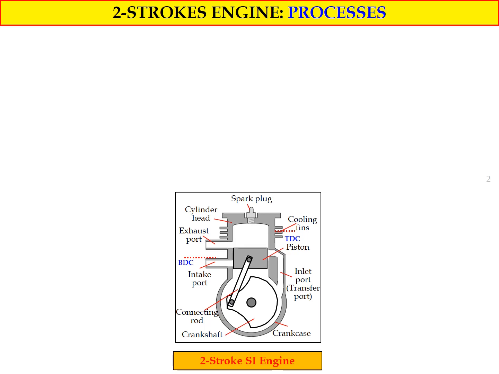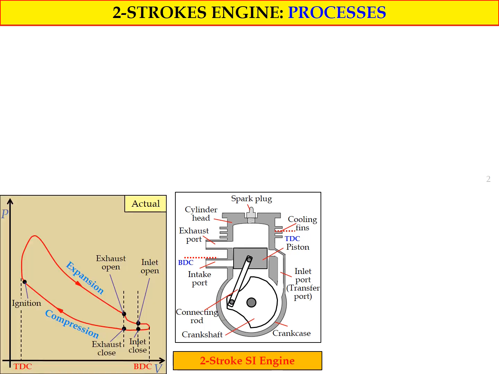Now, in order to describe the process inside the combustion chamber, we need to use the PV diagram, pressure versus volume. This is the PV diagram for the actual cycle of the two-stroke spark ignition engine. In this diagram we have a few processes involved: compression, combustion, expansion, and exhaust.